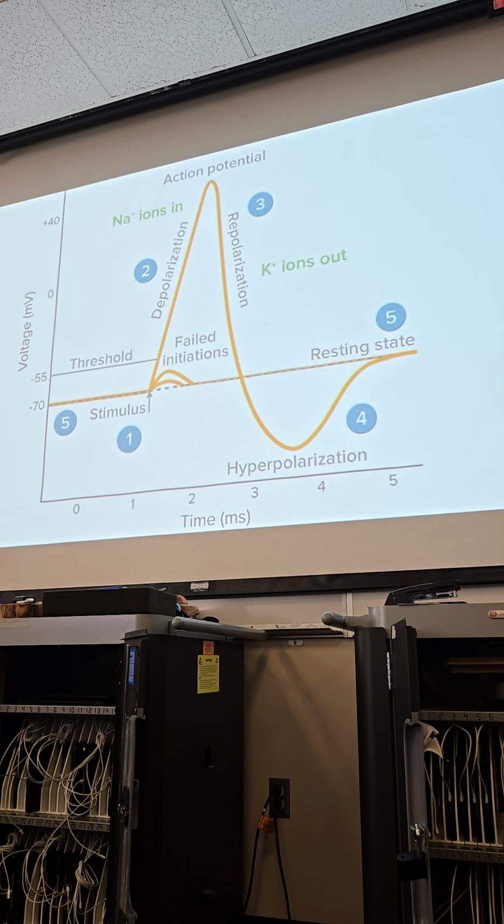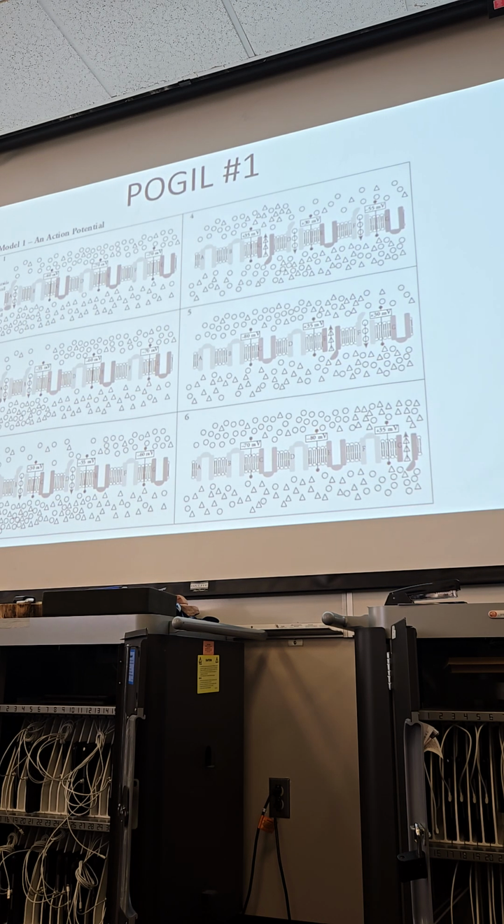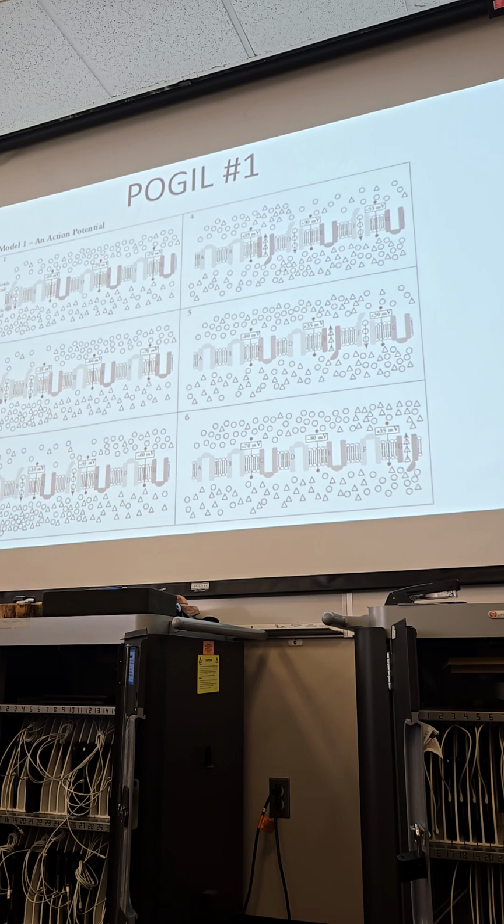And then what happens? It repolarizes. So it's resetting. Here the ions are sorted out. Now we have an influx of ions. Ions are starting to move around. Gates are closing, and we start sorting ions out. These are all the channels.